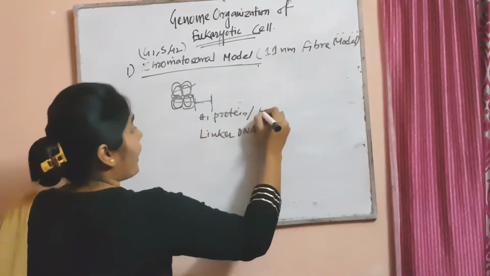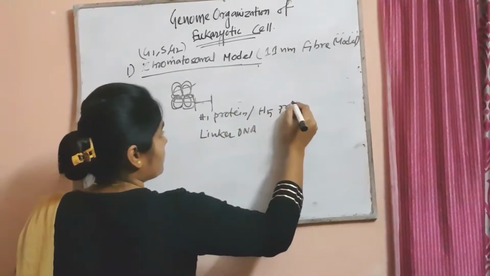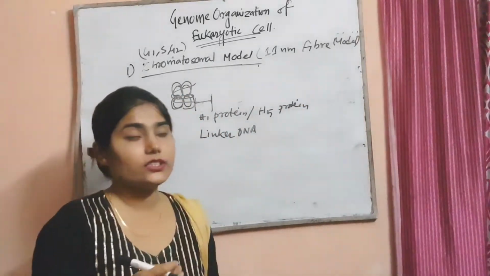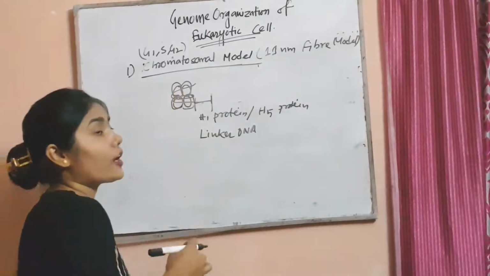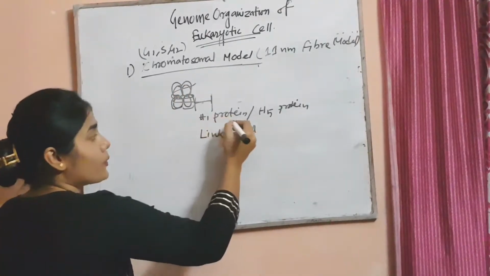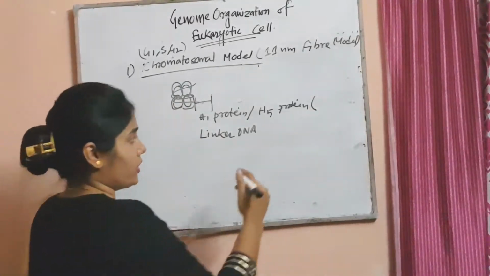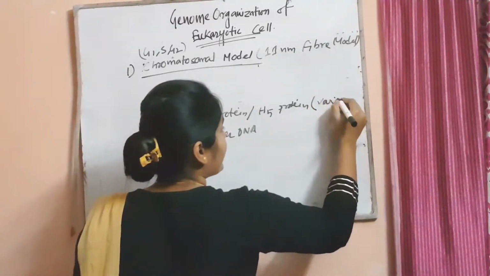It is also known as the H5 protein. H2A, H2B, H3, H4 are conserved, but H1 protein is a variable protein.